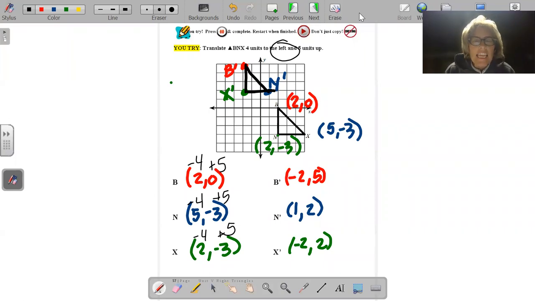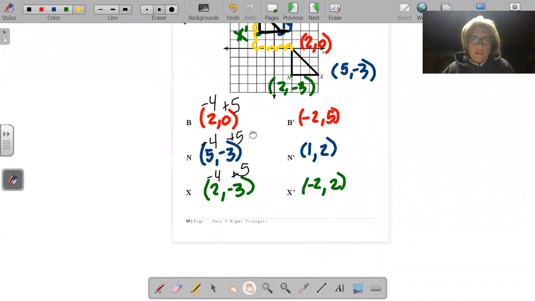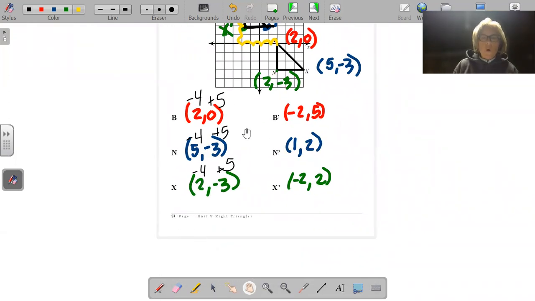There's B, N, and X, and then you translate it, and the translation was 4 units to the left, 5 units up. You did that to all 3 points, and you should have gotten these coordinates: (-2, 5), (1, 2), and (-2, 2). To slide, add to the left, add to the right.